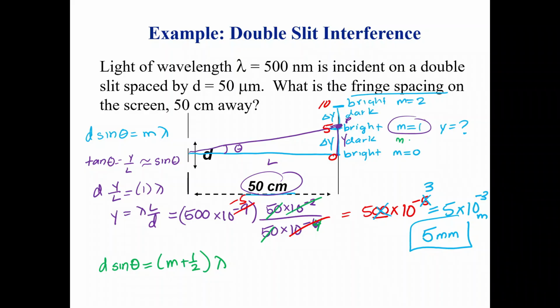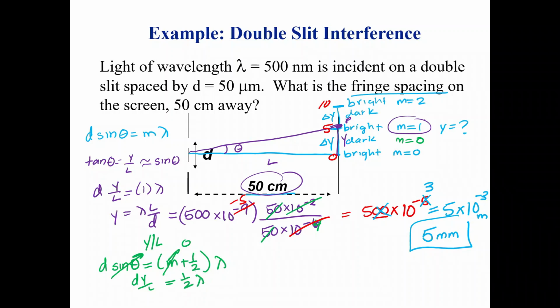So m is still equal to 0 for this first dark fringe. So we would do d sine theta is equal to 1/2 lambda, but we're also going to replace our sine theta with y over L. So we would get dy over L is equal to 1/2 of lambda.